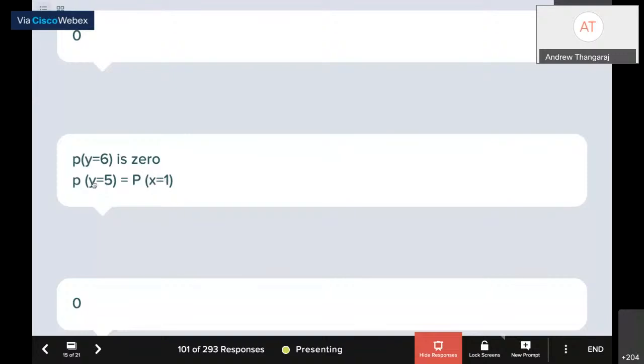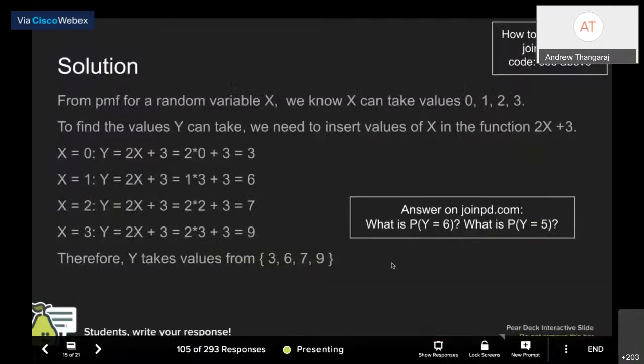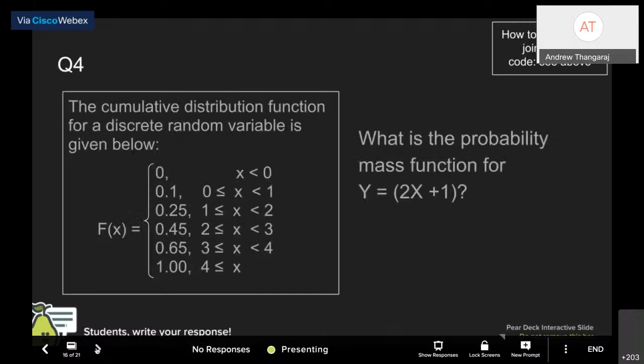You put small letters y and x, but you can use capital letters if you like. Y equals 5 happens when x is 1, so these two events will have the same probability. And y equals 6 has a probability of 0. There's no way y is 6. So that is 0. Keep that in mind. All right, so these are two questions as prelude.